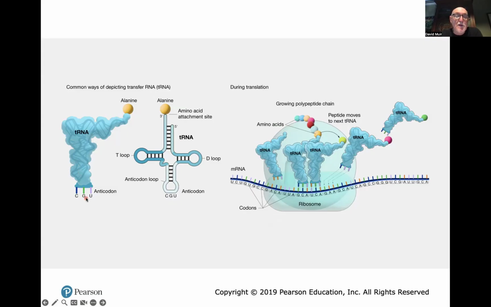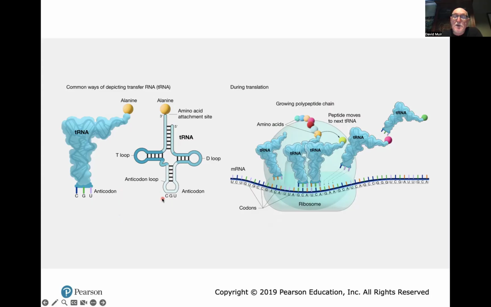Let's say this is alanine. This down here is called the anticodon. So this is 3' CGU. Here's the 3' end. Follow this around, and here it is, CGU.